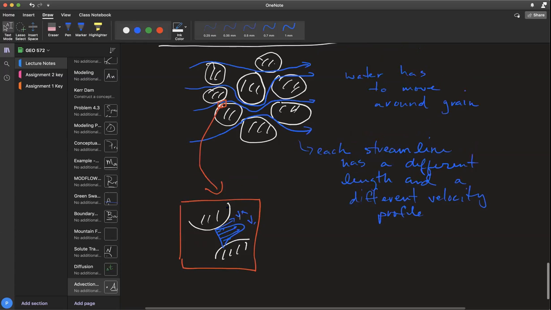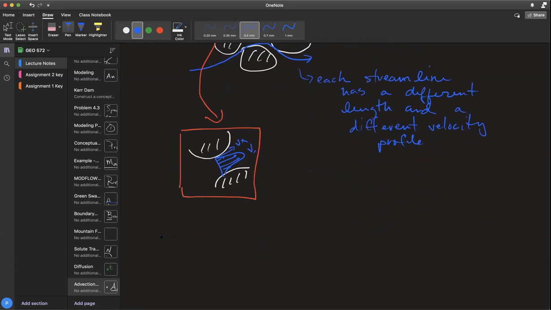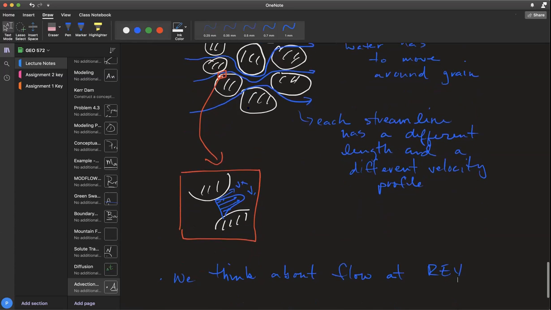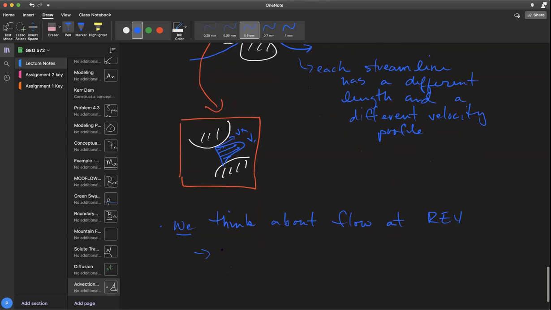So the bottom line is that we think about flow at the REV scale, so at a scale much bigger than a pore throat, and one that includes many tortuous paths. All right, and so we have a huge distribution of velocities within one REV.